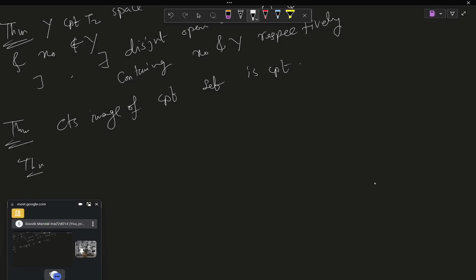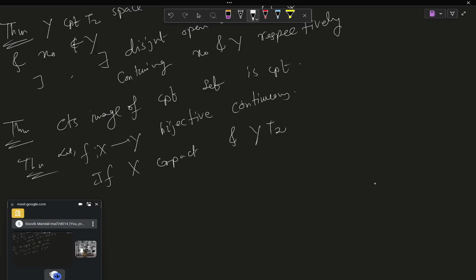And there is one very important and useful theorem: suppose f from X to Y is bijective and continuous, if X is compact and Y is Hausdorff, then f is a homeomorphism.